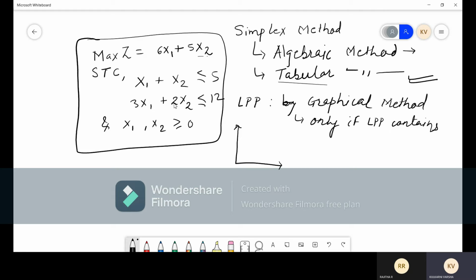So the graphical method is not possible if our linear programming problems have more than two variables.